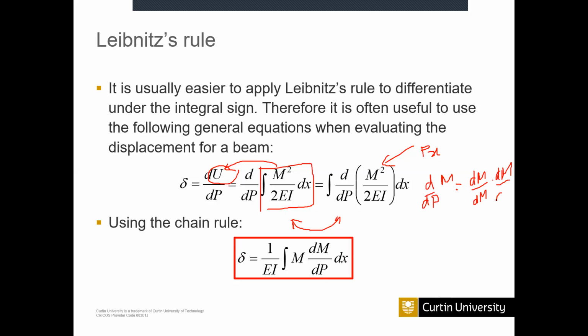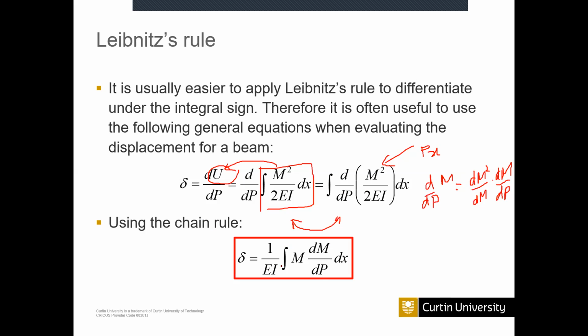The 2 will be cut off. So if you differentiate with respect to P, this is the thing you need to do. This is called the chain rule. So after the Leibniz rule, they introduce the chain rule.